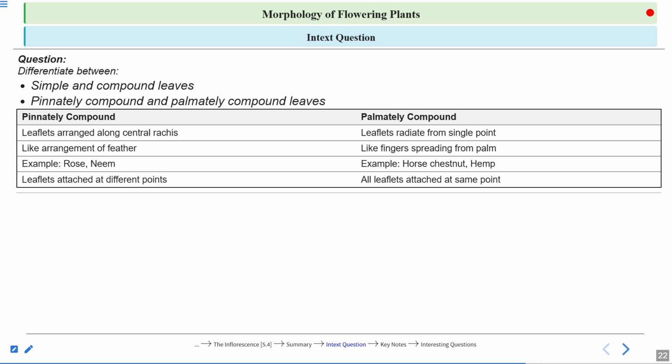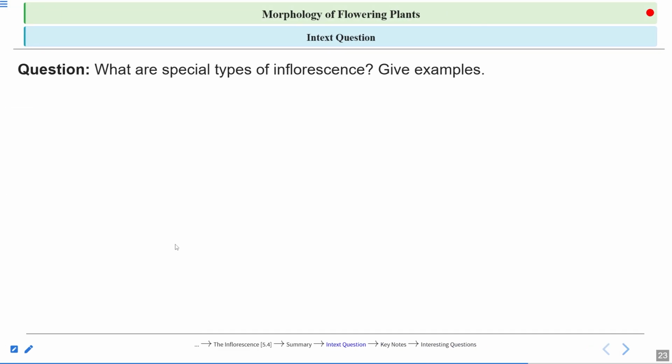Examples of pinnately compound leaf: rose and neem. Examples of palmately compound leaf: horse chestnut and hemp. In pinnately compound, leaflets are attached at different points. In palmately compound, all leaflets are attached at the same point. So you should remember the examples of pinnately and palmately compound leaves.